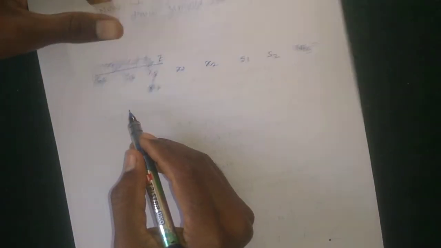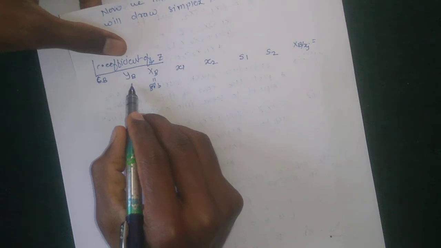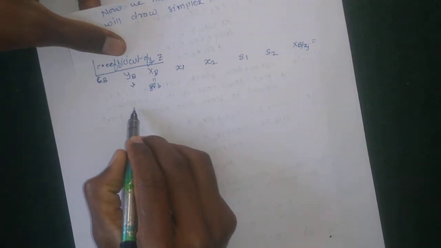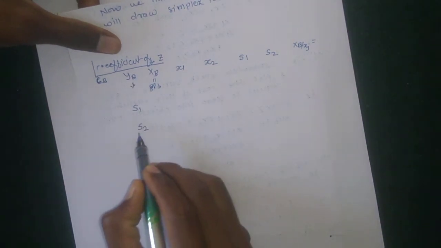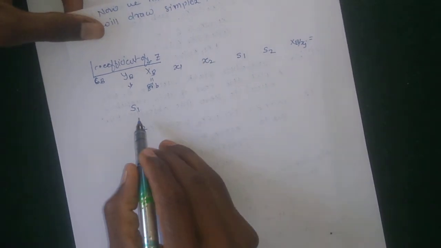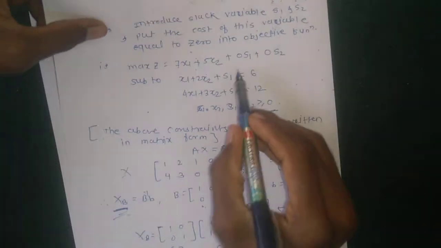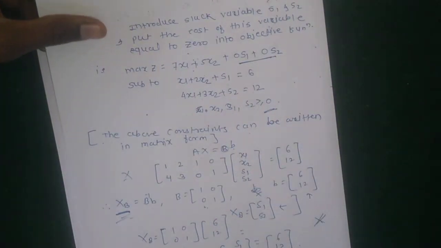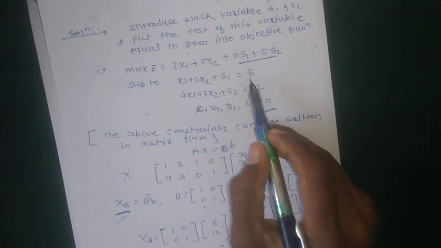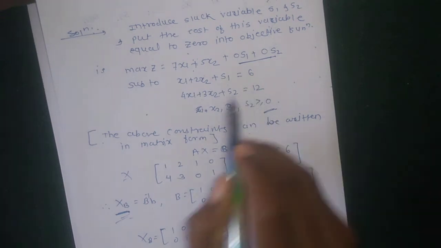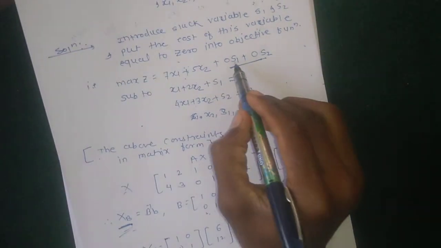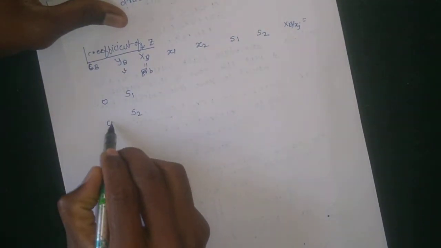So writing here, our basic variables are s1 and s2. The coefficient of basic variable in the objective function, what is the value? Here the coefficients of basic variables are 0, 0.